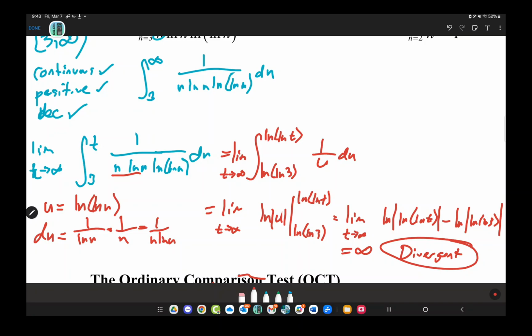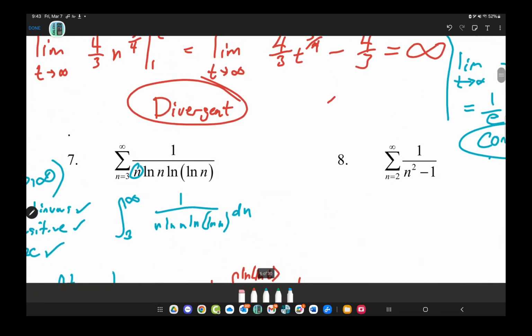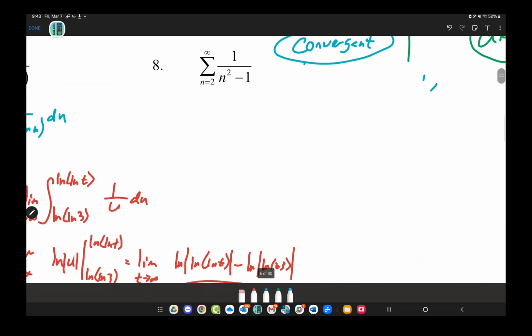All that to be divergent. I love this question. This is on the test.